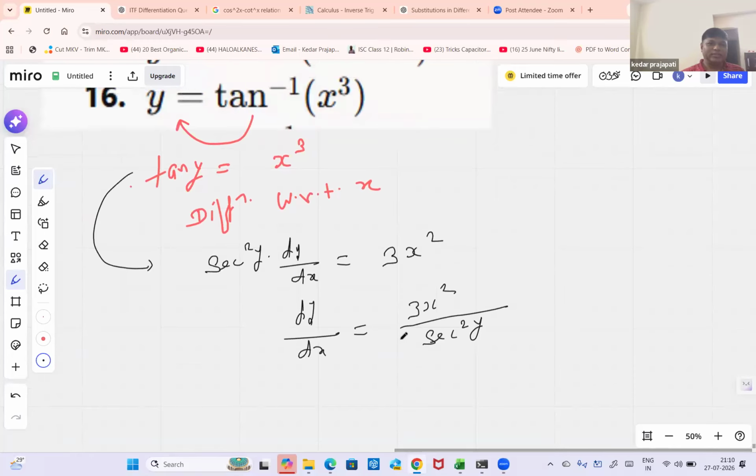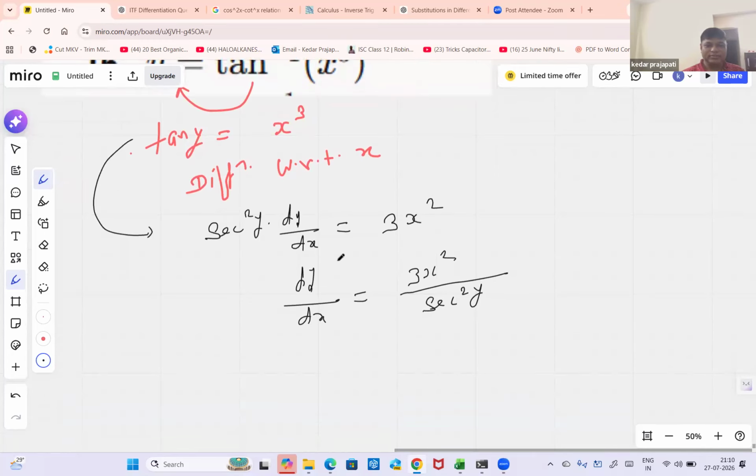But in the question, there is no secant here. So what will we do? 3x square divided by 1 plus tan square y, and tan y is x cube. So you will just place tan y here. What will you place? x cube. 3x square, sorry.